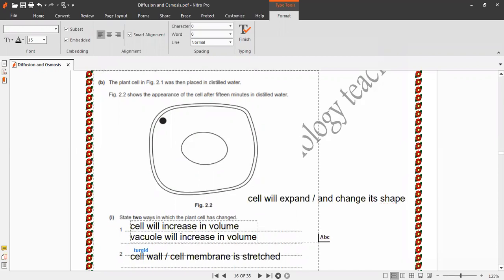So here are the two ways in which the plant cell has changed. The cell will expand and change its shape. The cell will increase in volume or size. The vacuole will increase in volume because water moves inside and fills the vacuole with water. And the cell wall or cell membrane is stretched. Thank you.